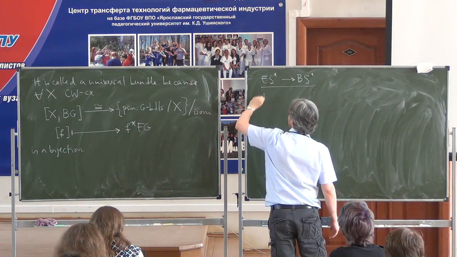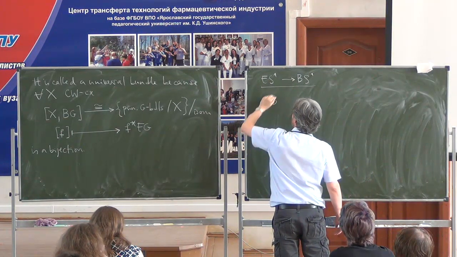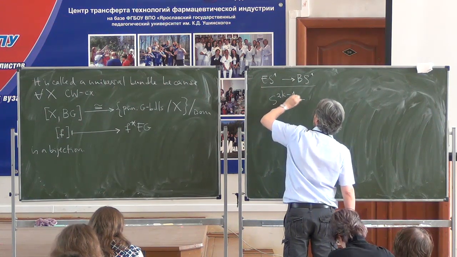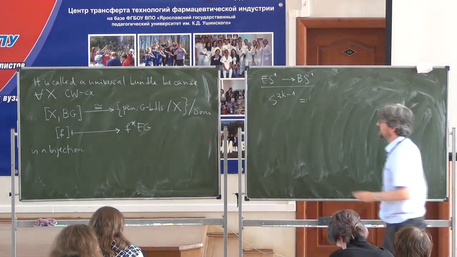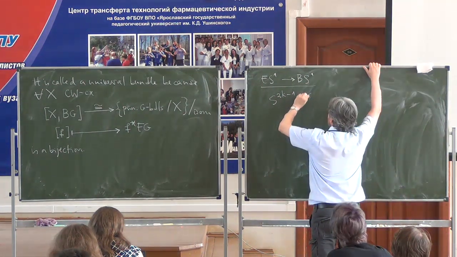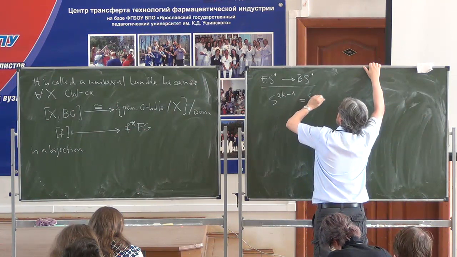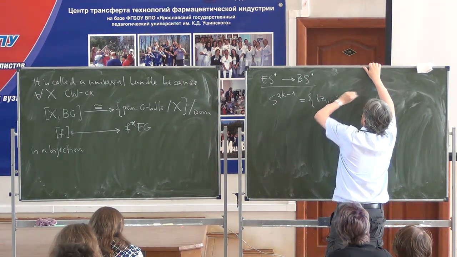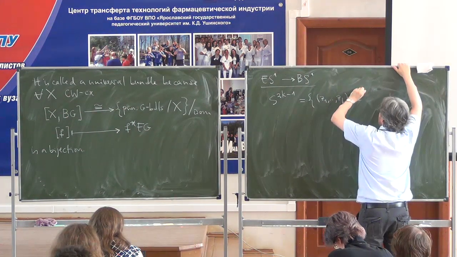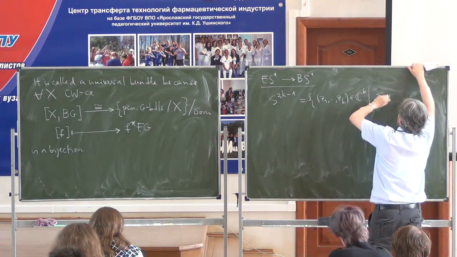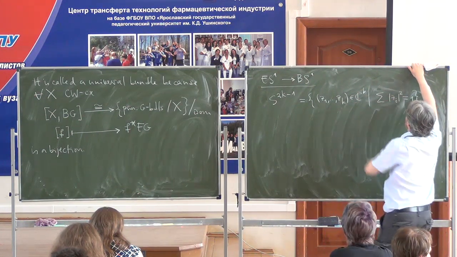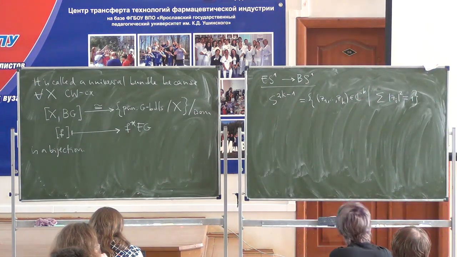We identify the sphere of dimension 2k minus 1 with the elements in C^k satisfying this equation, okay?